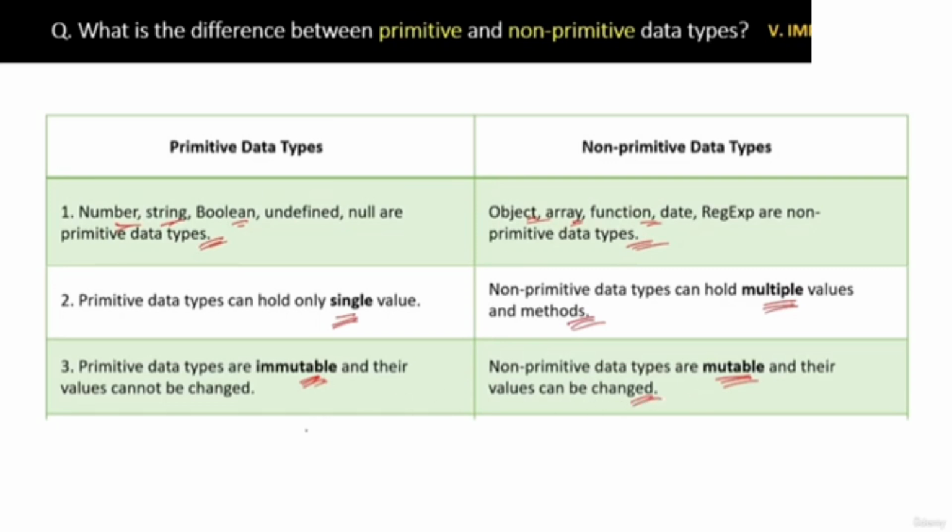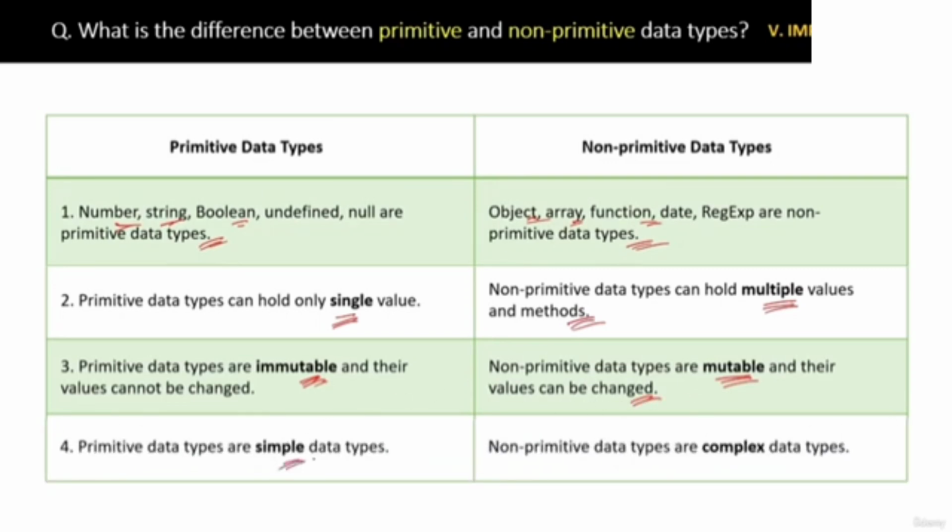And the last difference is primitive data types are simple data types, whereas non-primitive data types are called complex data types. Why? Because they can hold a list of students, single values, functions, arrays, anything. That makes them complex. Great. Now you are not going to forget these differences between them ever.